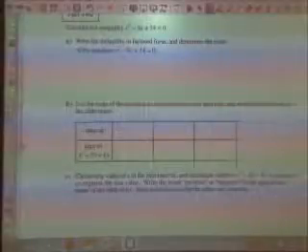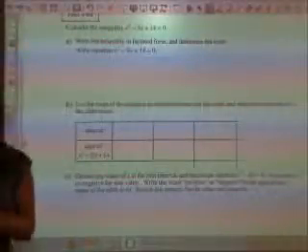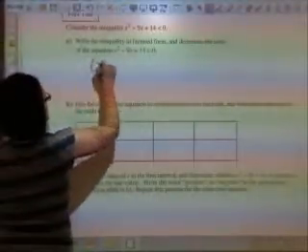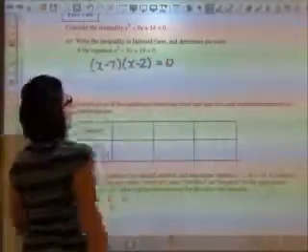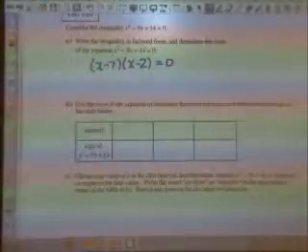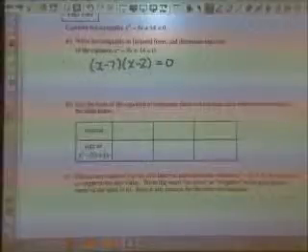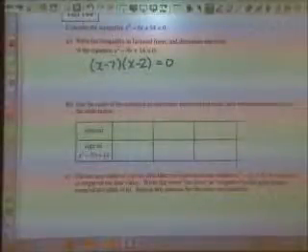To solve this inequality, we think of it as a quadratic first, and we look at solving the quadratic. To solve quadratics, we start off by factoring. So how can I factor this quadratic? x minus 7 and x minus 2. Okay. So I had x minus 7 times x minus 2 is equal to 0.